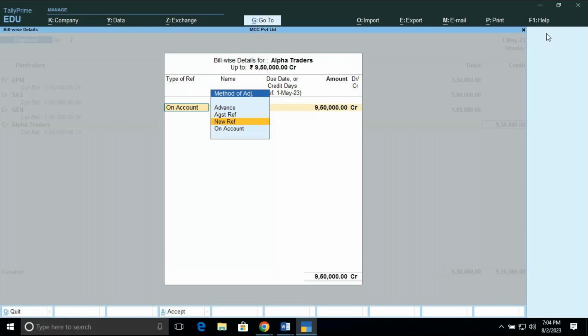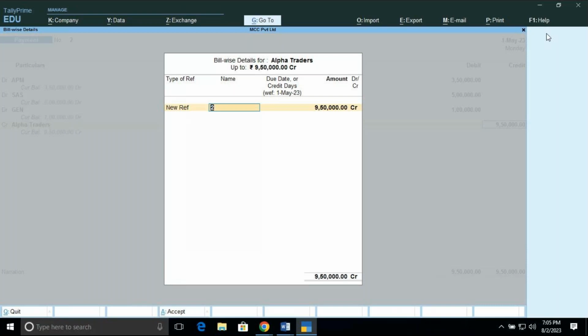Say new reference. Tally is going to allot a number. Because it has to remember subsequently, since you have bought on credit, it is a credit transaction. The supplier Alpha Traders would have given you 30 days, 45 days credit. When you are making the payment, you have to know the bill number.